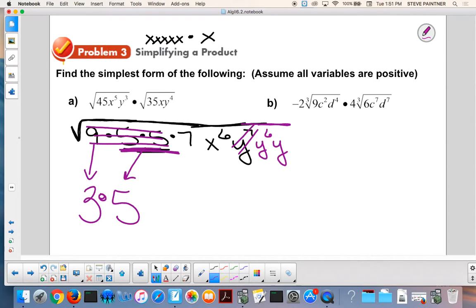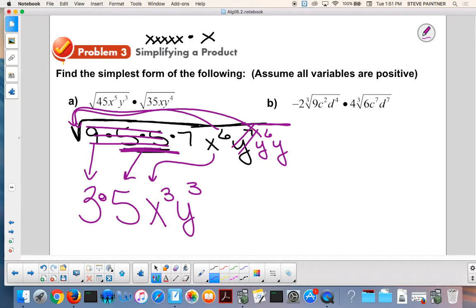No. This one, x to the 6 divided by 2: x to the 3rd. Okay, what about this? y to the 3rd. This is 1, and 1's not divisible by 2. So let's just quit there. And all that's left is 7 square root of 7y.